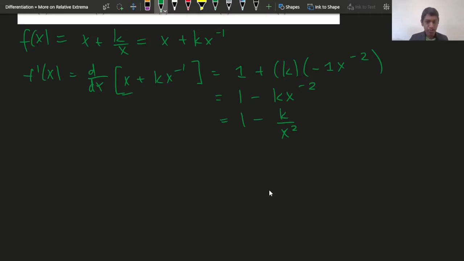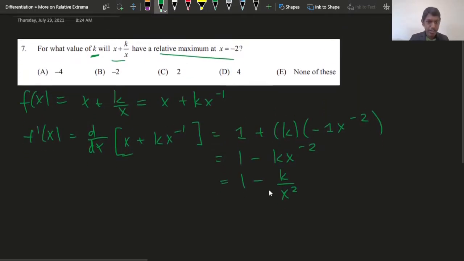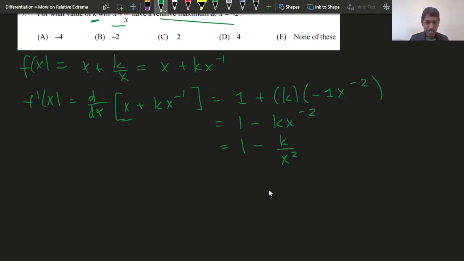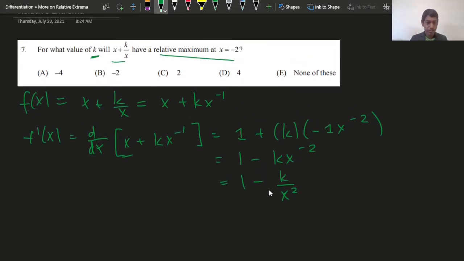Okay, so something interesting here. We know that if f prime exists, then it has to be 0 in order for a relative extrema to exist. Now obviously in some cases f prime may not exist, like in this little example graph that I've drawn here. F prime does not exist at this point, but that point is a relative maximum.